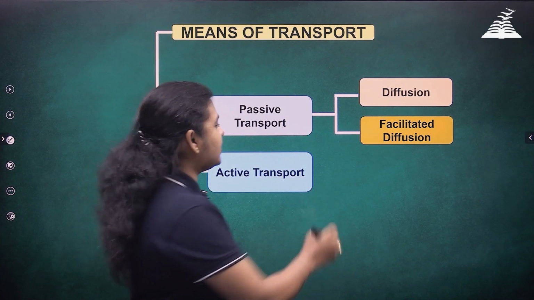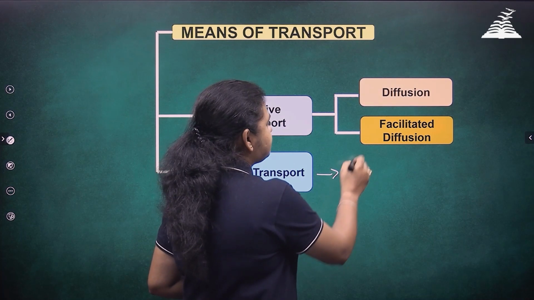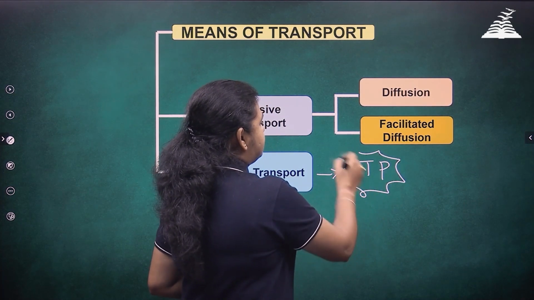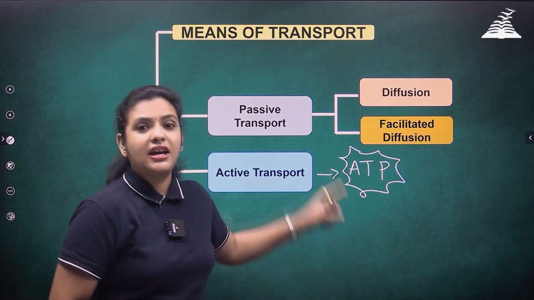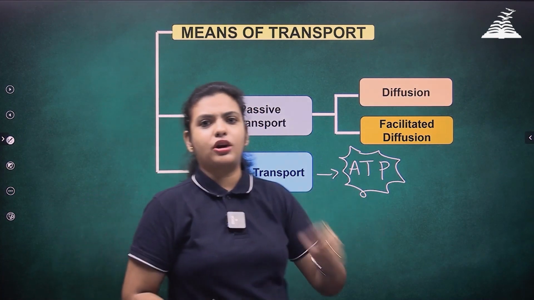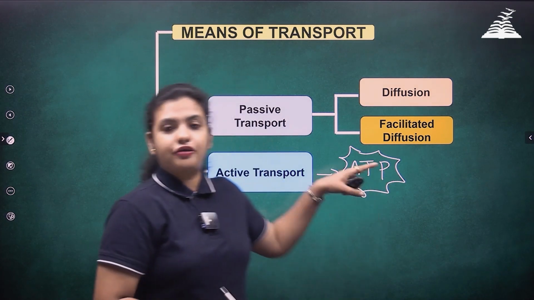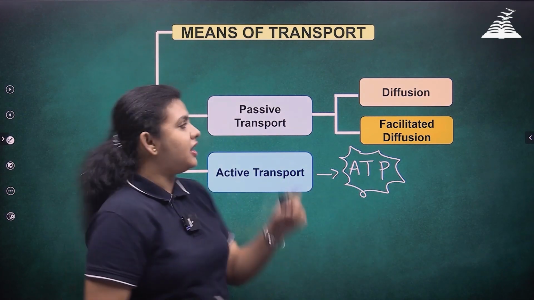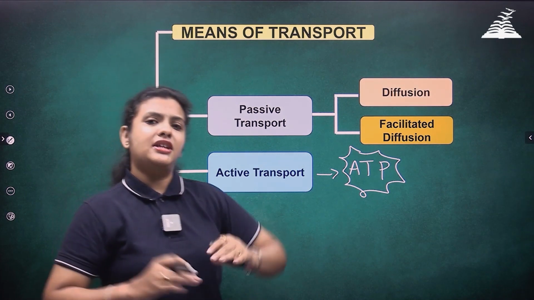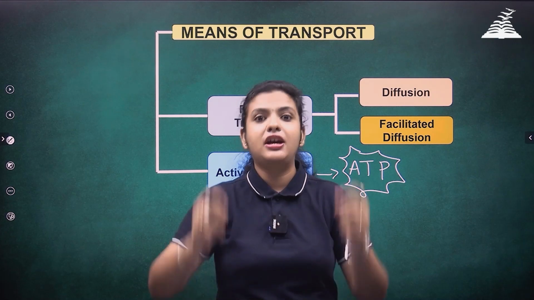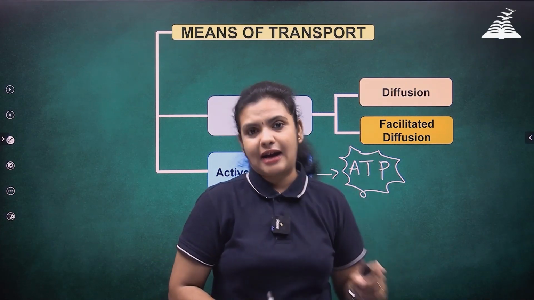Energy. And what is energy? Energy is ATP, right? So in your active process, we are going to make use of energy in the form of ATP. In passive process, there is no utilization of ATP. There is no energy, but movement is happening.